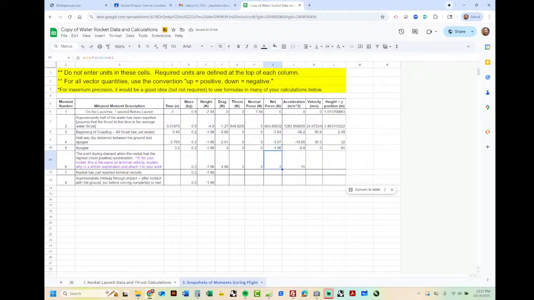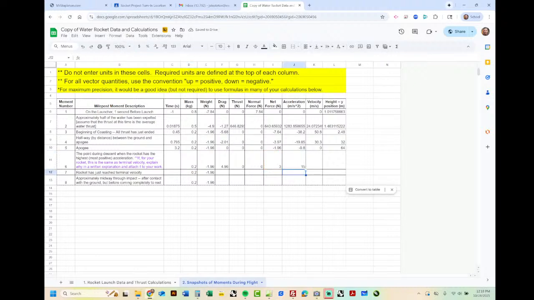Now you can see up here, it's adding them all up. That's the check I'm going to perform. And then this divided by the mass should give me the acceleration. So let's check on that, see if it's still 15. Equals net force divided by mass. Still 15, so we're all good.